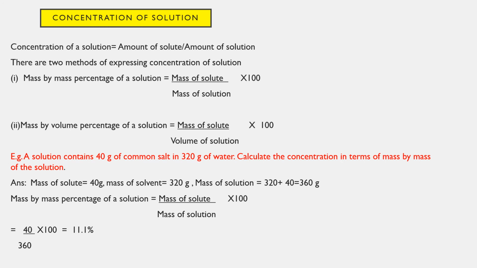Mass of the solute is 40 grams, mass of the solvent is 320 grams. Mass of the solution is total 320 plus 40 grams, which is 360 grams. Mass by mass percentage of solution is mass of the solute divided by mass of solution into 100, which is 40 divided by 360 into 100 is equal to 11.1%.